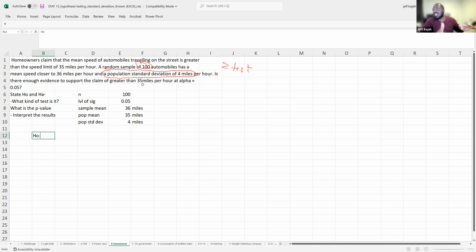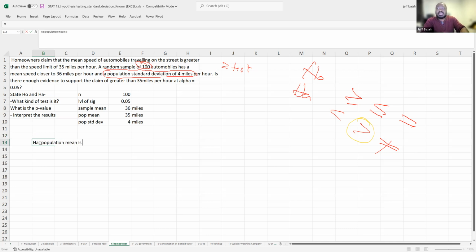Remember we said that if it's greater or equal to, or less or equal to, then it's H sub O. If it's less than, greater than, or not equal to, then it's H sub A. The question is saying greater than, so we know this is going to be H sub A. So we come here and say H sub A, population mean is greater than 35 miles per hour.